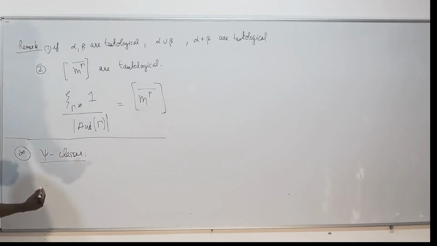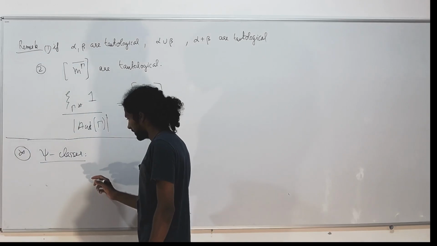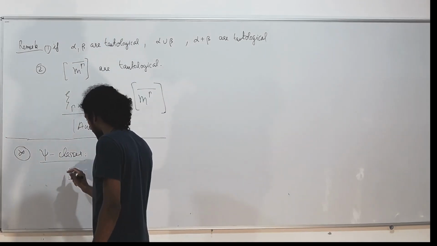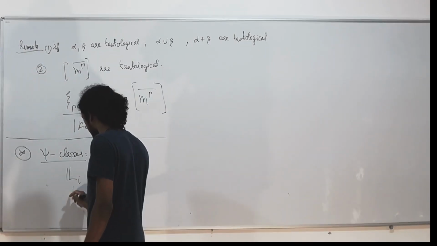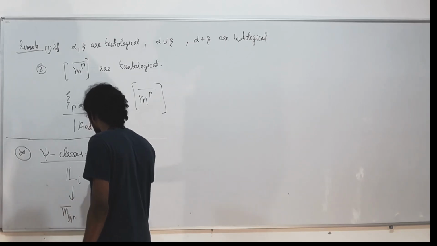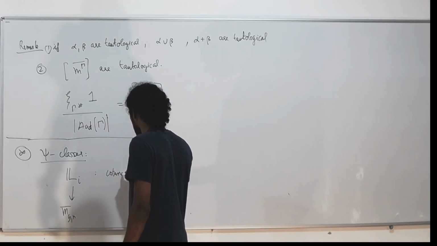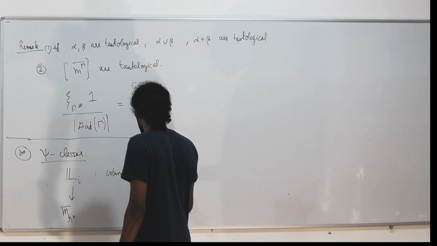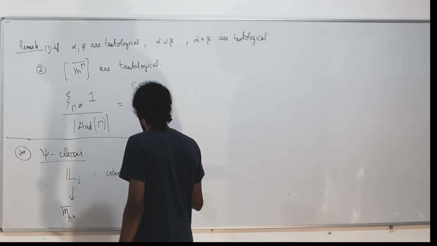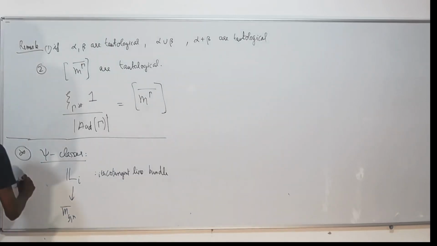The way that these are defined is that you look at a line bundle, we call it L_i, on M_{g,n} bar. It's called the ith cotangent line bundle, where i is something from 1 to n.